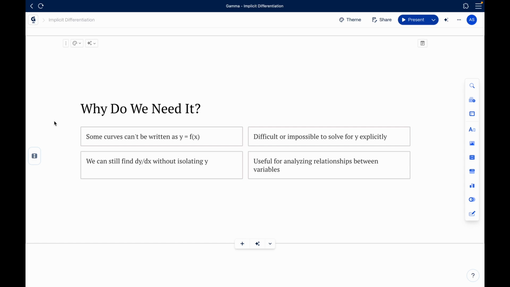Then, sometimes it's difficult or even impossible to solve for y explicitly, but implicit differentiation gives us a way to find dy by dx without having to isolate y and go through all the hassle. Now, it's also useful for analyzing relationships between multiple variables, which will come in very handy in Calculus 3 or multivariable calculus, which will most likely be the series right after this one.